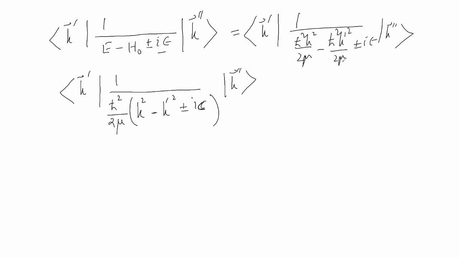Therefore, we have K square minus K prime square plus minus epsilon prime, where epsilon prime should be 2 mu by h cross square times epsilon. But the important point is that this epsilon is an infinitely small quantity.